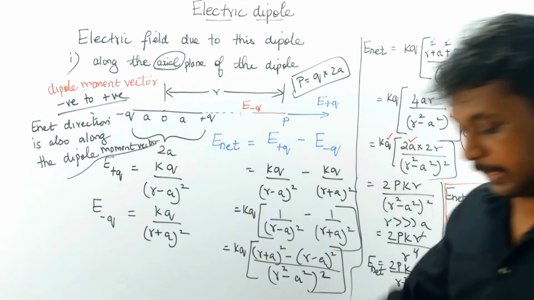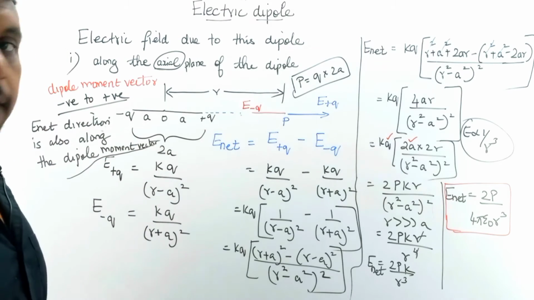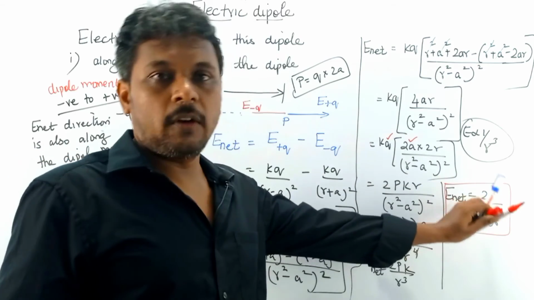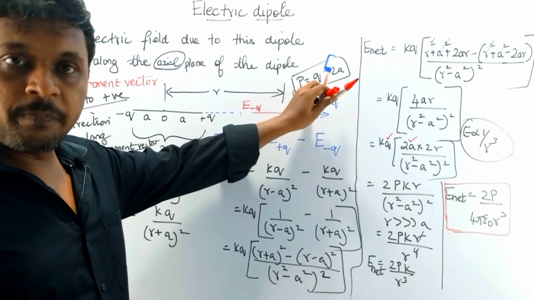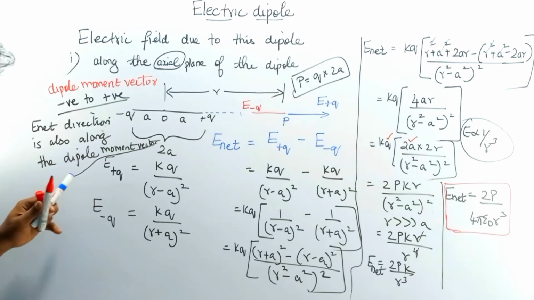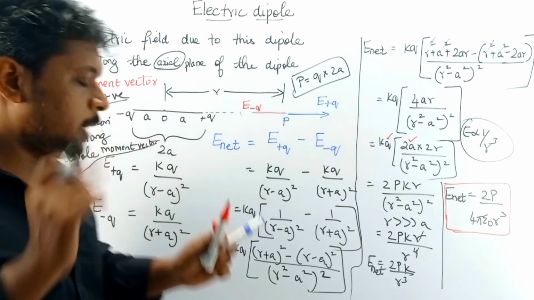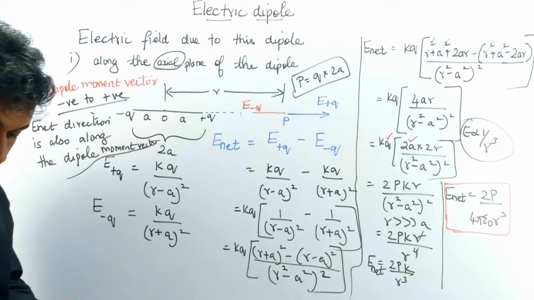Okay, so this is the case for the electric field along the axial line. This is the magnitude of the net electric field, and you also know the dipole moment magnitude. The direction of the dipole moment vector and the net electric field direction are also specified. So this is the case for the electric field along the axial plane. Okay, make a note of it.